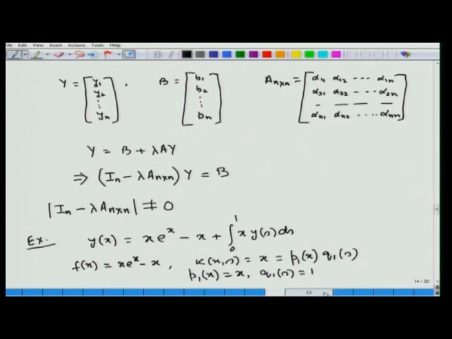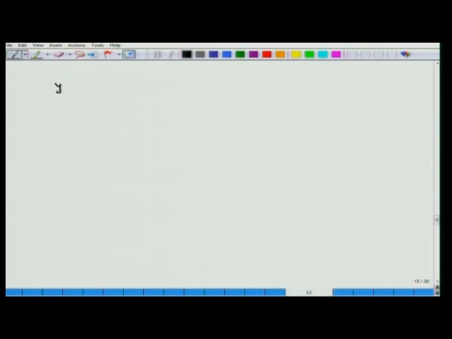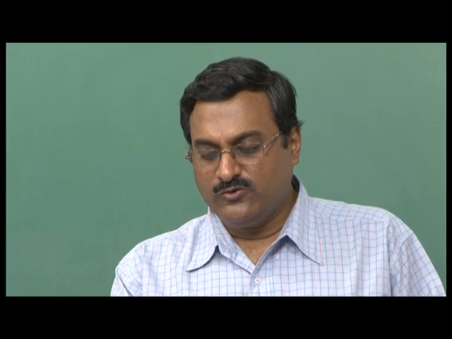Now, if we solve this equation by the method we have just discussed, y(x) is equal to x e^x minus x, and then we can take x outside the integral sign. So, this is the integral from 0 to 1 of y(s) ds. Now, this integral of y(s) ds can be thought of as the integral from 0 to 1 of y(s) q_1(s) ds, because q_1(s) here is 1.